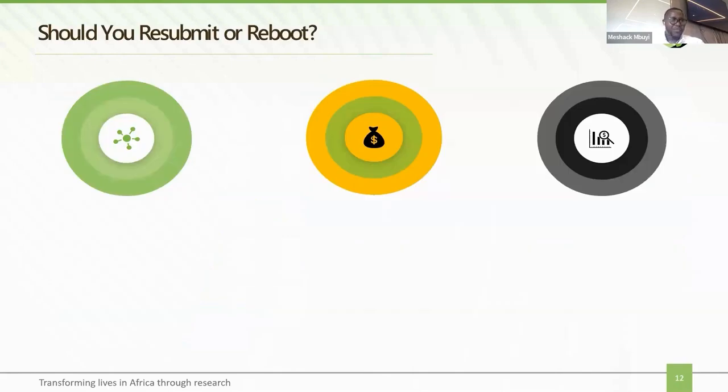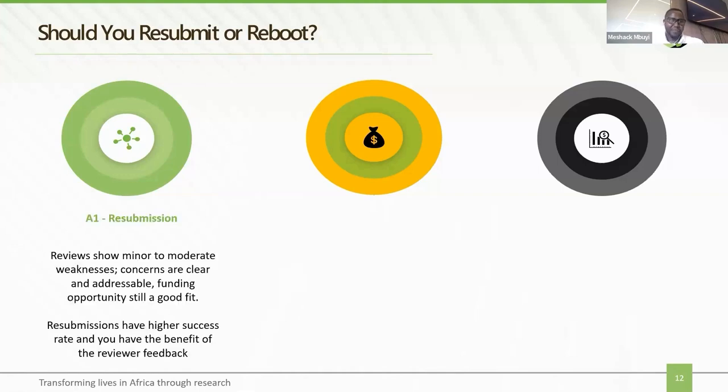Now, once you've received the comments from the reviewers and you have the summary statement, you will have to make a decision whether you want to reboot, or do the application afresh, or you want to just revise and resubmit. Remember when we talked about A1 submission, A1 is the resubmission, A0 was a new application.